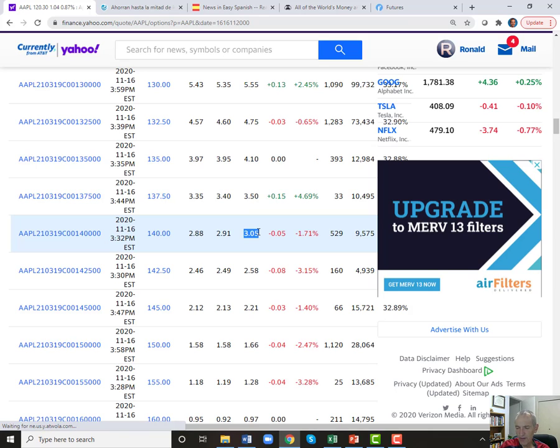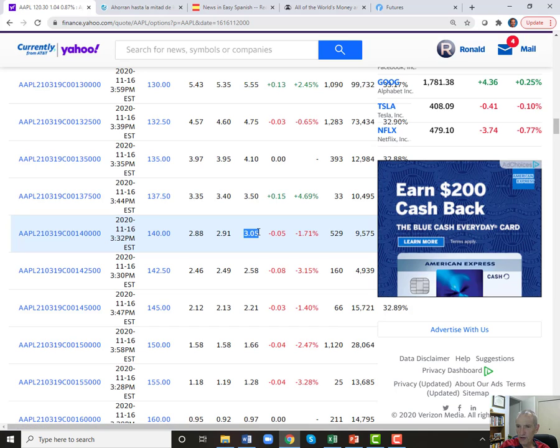So what if Apple's only worth 100 bucks? Let's say it falls from 120 to 100 bucks. Well, if you bought Apple for 120, you just lost $20. But if you bought an option on Apple for $3.05, the most you can lose is $3.05. So if Apple is trading for 130, and you bought for 120, you're up $10. You bought the stock, that's pretty good.